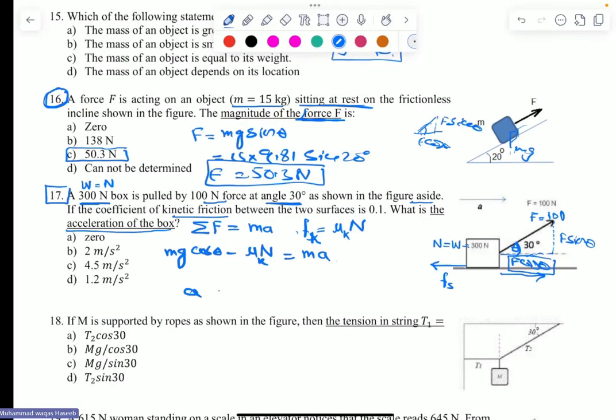So your acceleration is F cos theta minus mu k N, divided by m. When you substitute the values into it, you will get the acceleration, which is 2 meters per second squared.